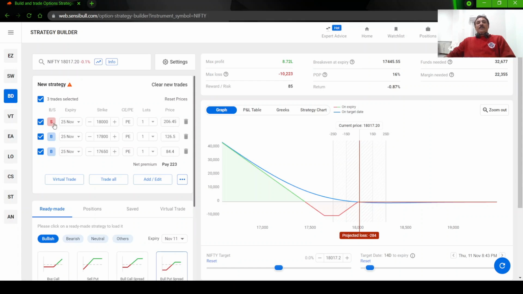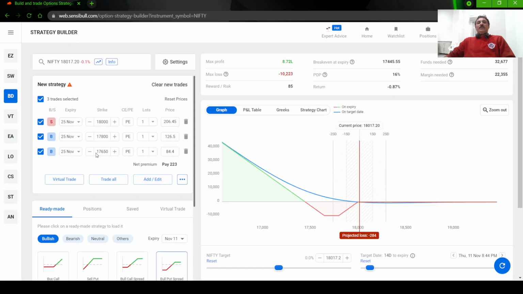Because for the higher put sell, 206 rupees we are collecting, right? Here we are paying almost 206 rupees. If we start widening this, we will be paying less for this, right? We get to keep the premium remaining after spending money for this. So that is our net credit.